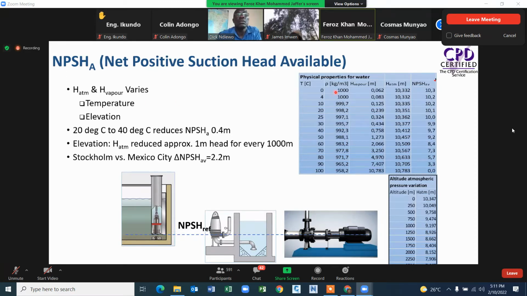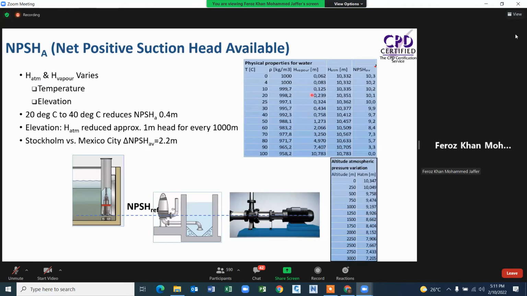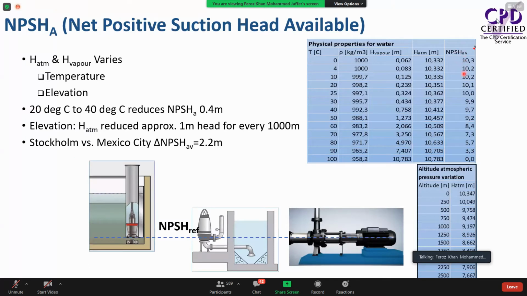As you can see here, if the temperature of the liquid changes, you can see how the vapor pressure will change. Temperature goes up, the vapor pressure also goes up. And then if the atmospheric pressure varies, you can see the NPSH available also varies here.